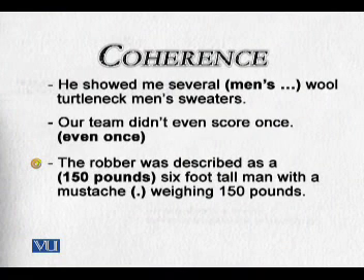Now, I guess 150 pounds was the word for that tall man. So the sentence can go this way: the robber was described as a 150-pound, 6-foot tall man with a mustache. You see, 150 pounds was not the weight of the mustache, rather it was the weight of that robber.